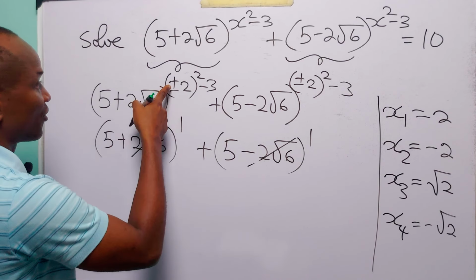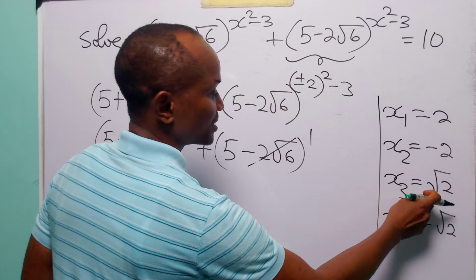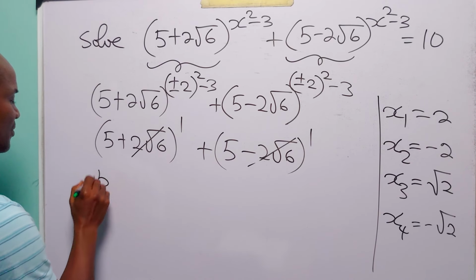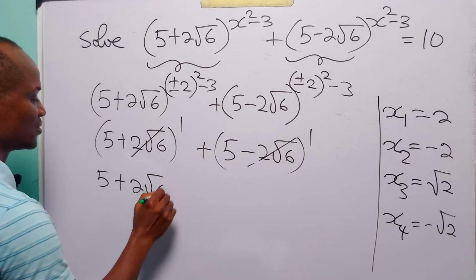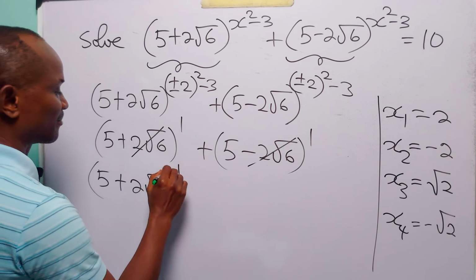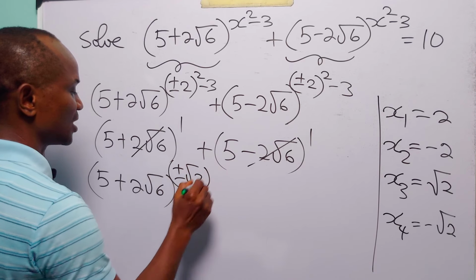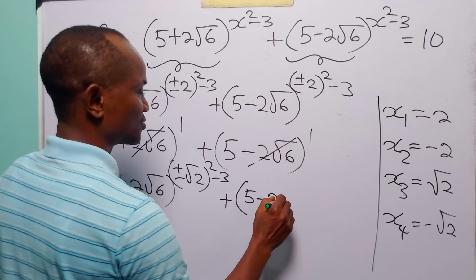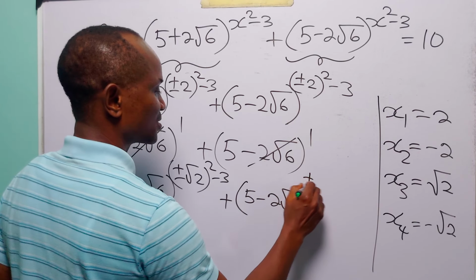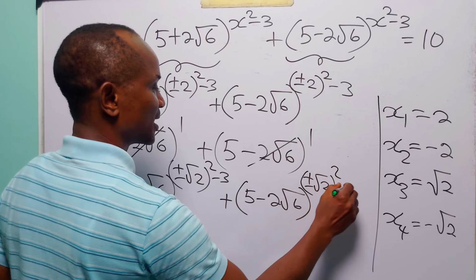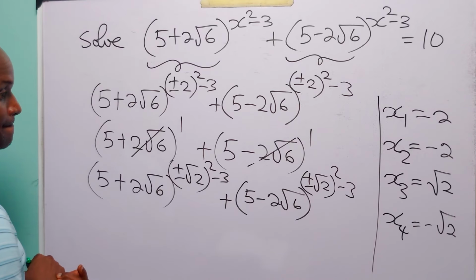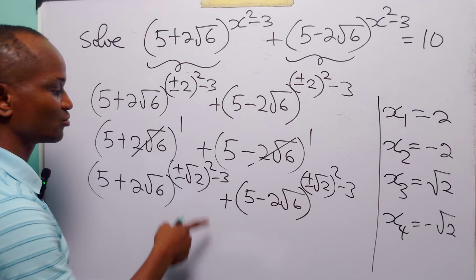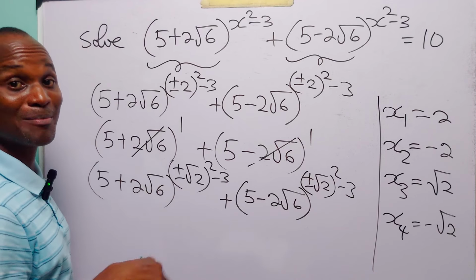In the same way, when you substitute plus or minus root 2 into the original equation, you have (5 plus 2 root 6) to the power plus or minus root 2 squared minus 3 plus (5 minus 2 root 6) to the power plus or minus root 2 squared minus 3. Now, plus or minus root 2 squared is equal to 2. 2 minus 3 is equal to minus 1.